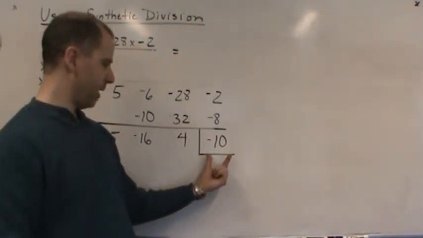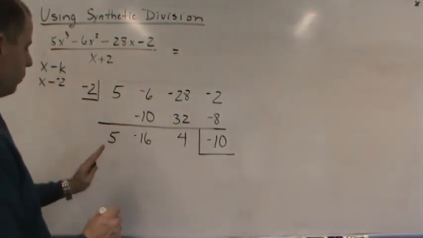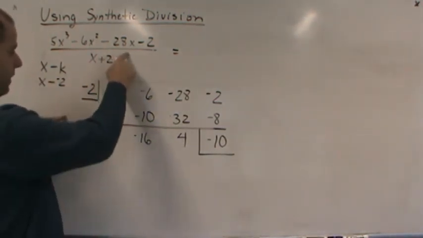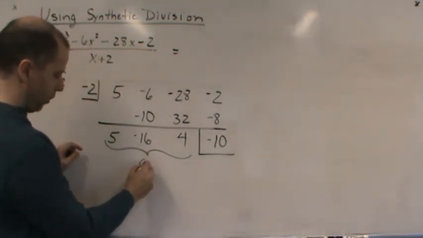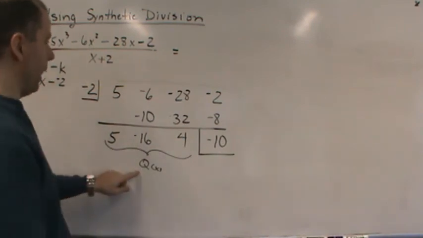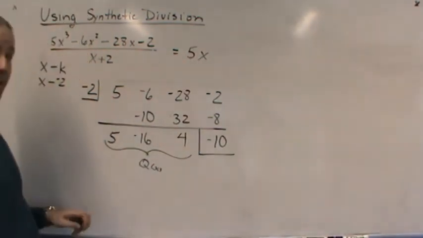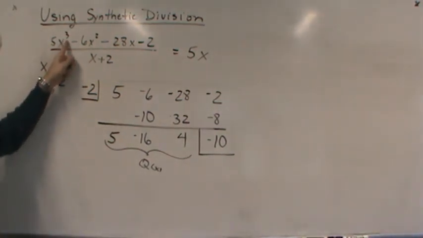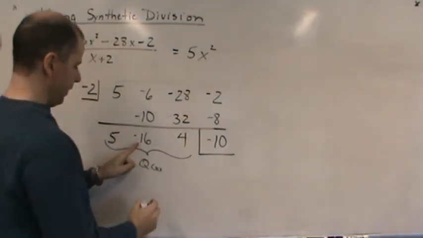The last number is always your remainder. So now I'm done, because I can rewrite this as the quotient. Remember, these are the coefficients for my quotient. So this is going to equal 5x to what power? One less than what we started with, so it's going to be x squared, and then we go down from there.